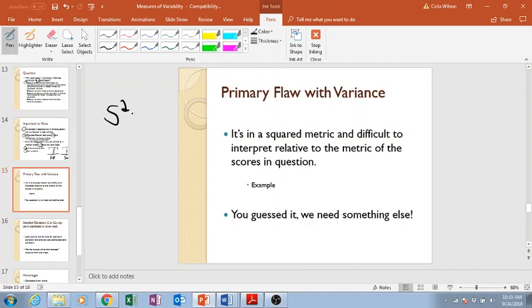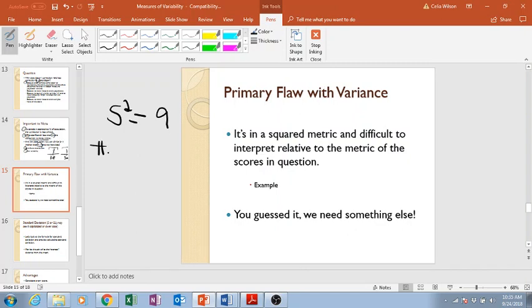So it's squared. So whatever our variance turns out to be, maybe it's 9. This is hard to interpret because it's squared. So imagine the variance. You're looking at a group of kids, and on a spelling test, let's say the number of words missed, if that variance is 9.